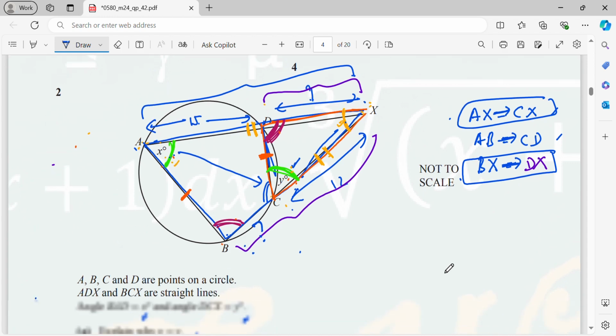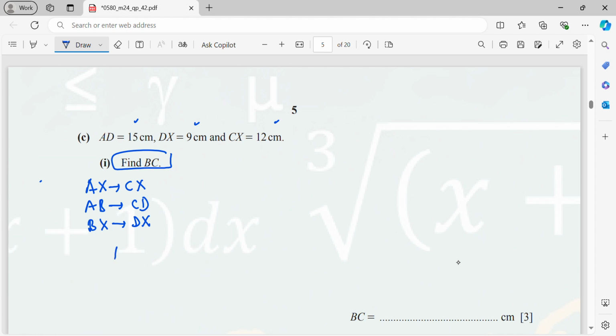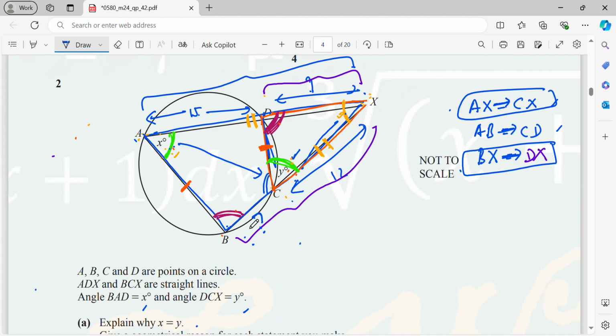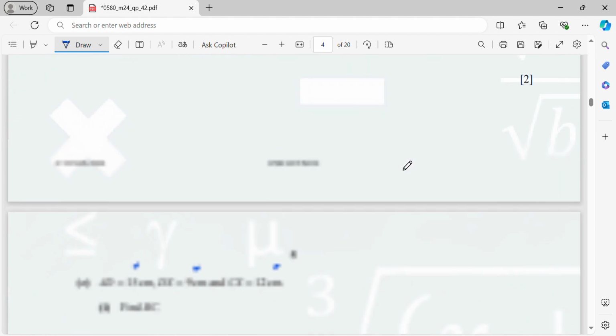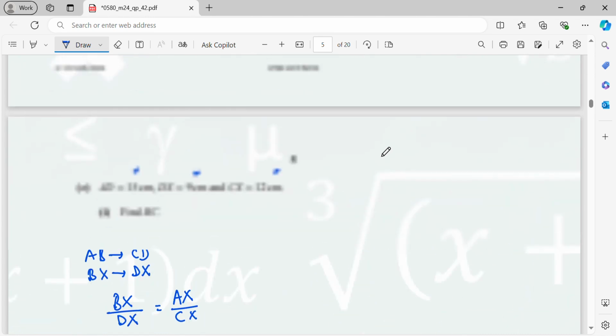So I will write here BX over DX, it will be the same as AX over CX. Now BX is basically, look at here, BX is BC plus CX. This is the length, so BC plus CX over the DX.